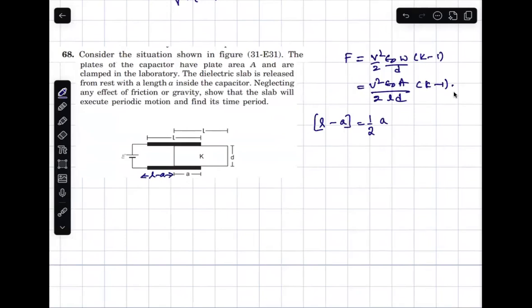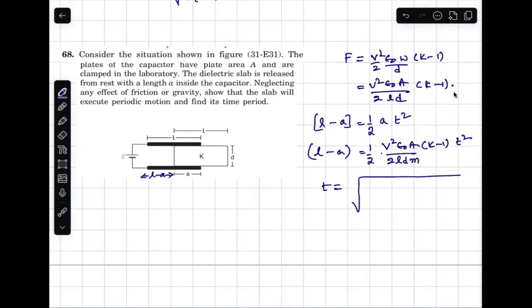Half into a into T square is L minus A. Acceleration is force by mass: V square epsilon naught A by 2 L D M times K minus 1. So finally T is, no, that is not your answer. Don't forget, T1 is the square root of 4 M D L times L minus A by epsilon naught A K minus 1 times V square.